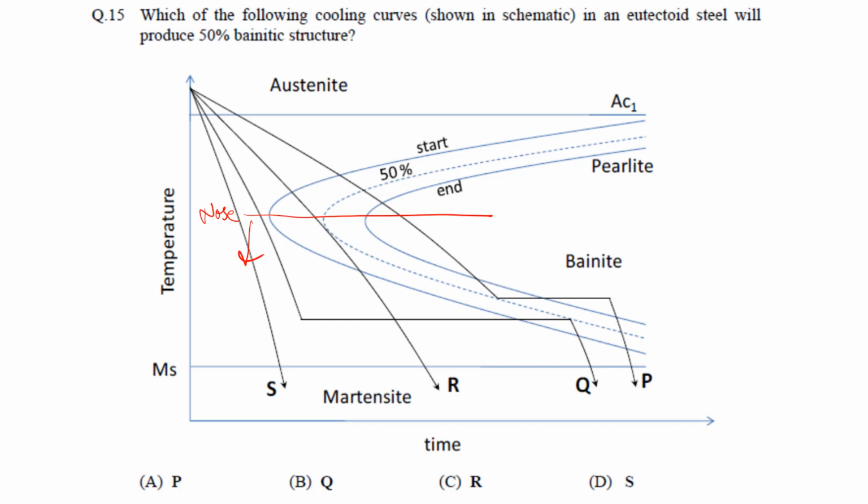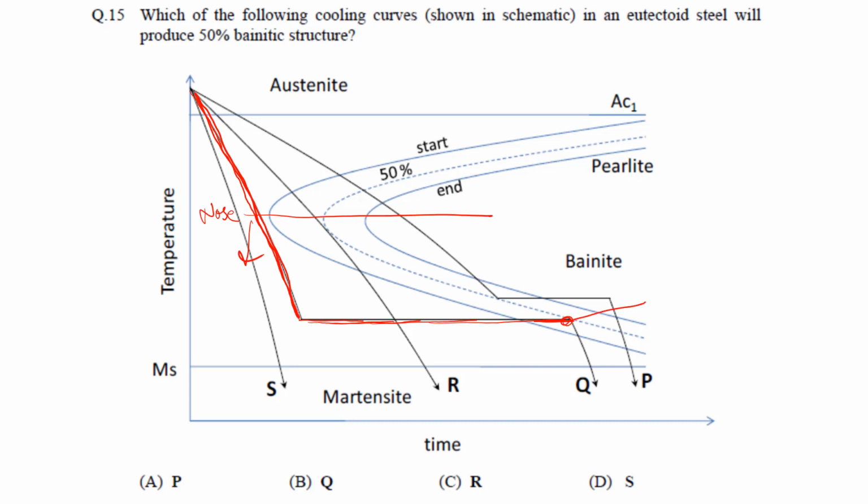So to transform austenite into bainite, we need to cool such that it should not touch the nose, it should be away from the nose. So this is the favored path, and at this temperature there should be holding such that 50% transformation to bainite should take place.